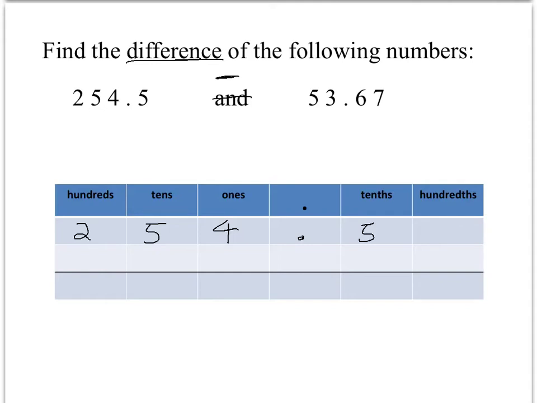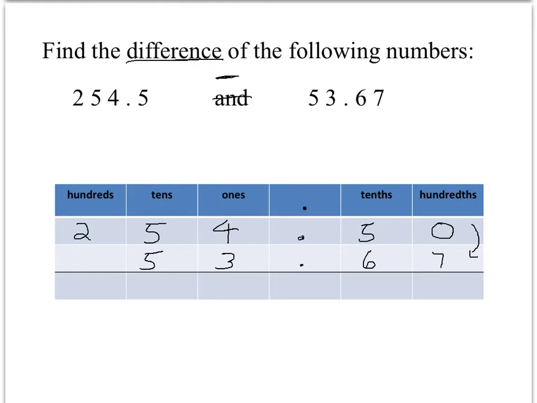In the hundredths place, we have to subtract 7 from something, but there's nothing there. So we put a 0 there, because in fact it is there, we just didn't write it.